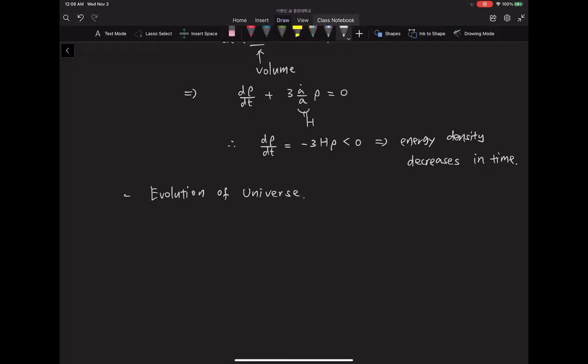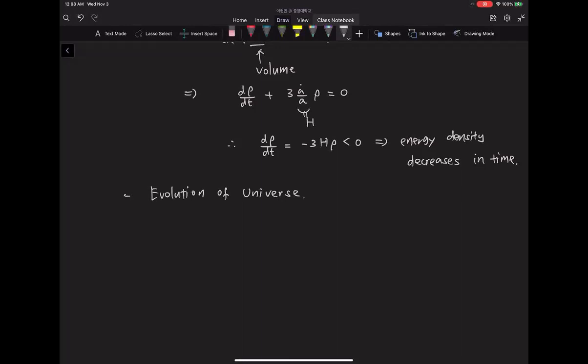What determines the evolution of the universe? It depends on the type of the energy component in the universe.